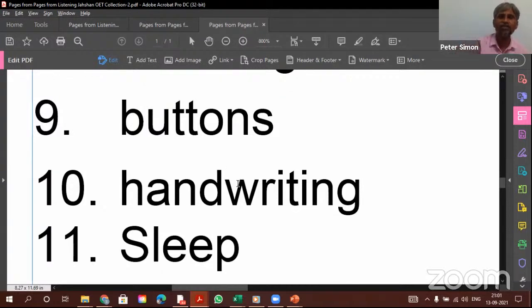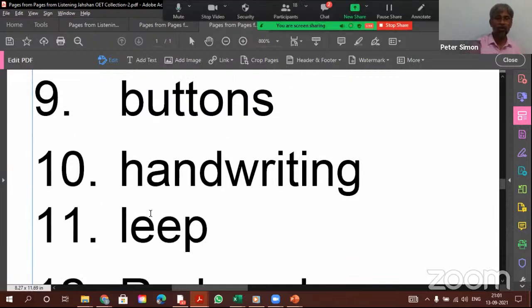That is being tested. Whether you have the knowledge regarding compound nouns or not. That is tested here. This is a very difficult range of question. It's not easy. Not everyone can understand. Okay. Next one, sleep. S, a small letter.